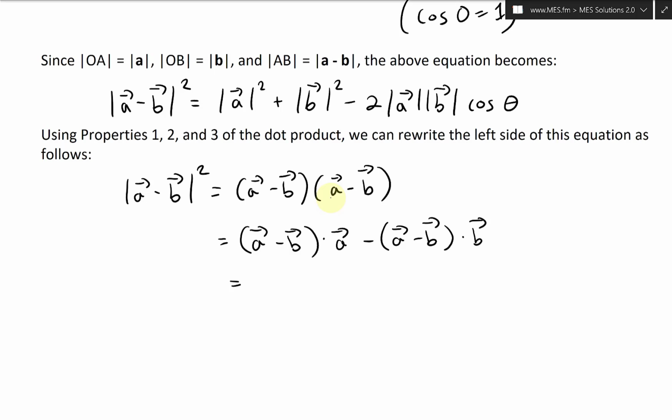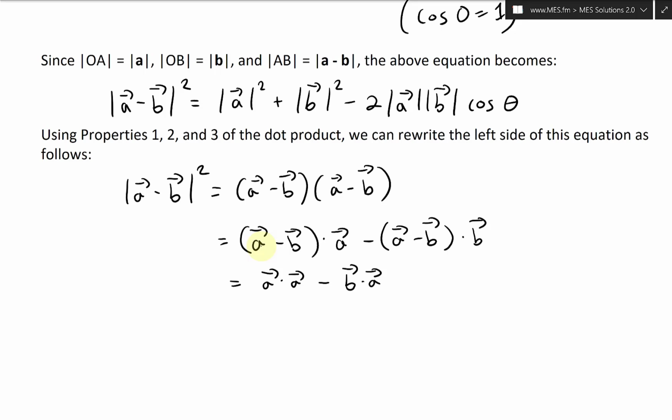And what we're going to get is A squared. This is A times this one here, A dot A. And then we're going to have minus A dot B. I'll just write this as it is, and we'll do property 2 later.